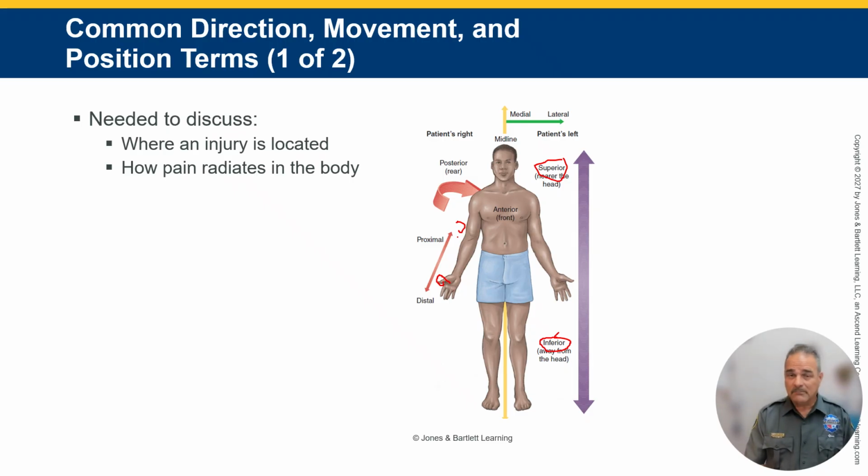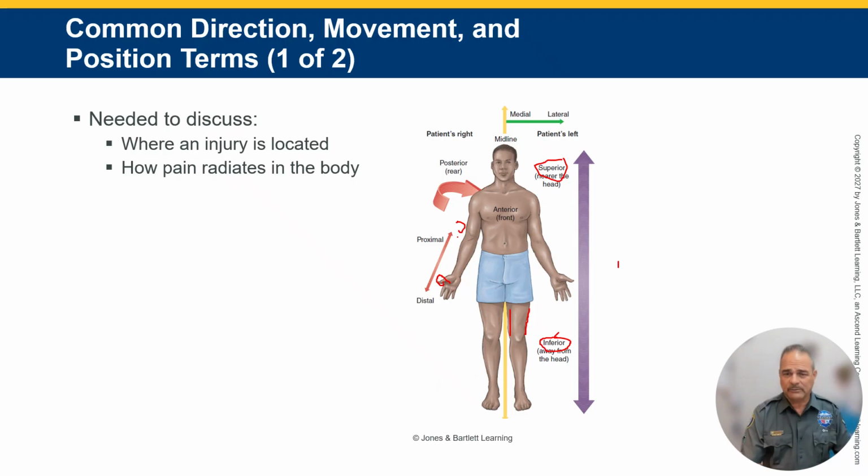Medial is towards the inside of the body. Lateral is towards the outside of the body. So this area here is the medial aspect of the left thigh. This area here is the lateral aspect of the left thigh.